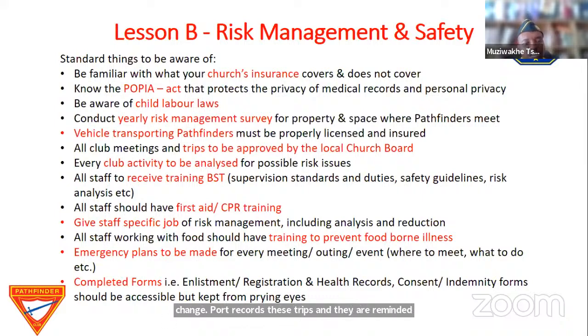So it must be a well-documented, approved trip. And this is very, very important. I cannot overemphasize that.